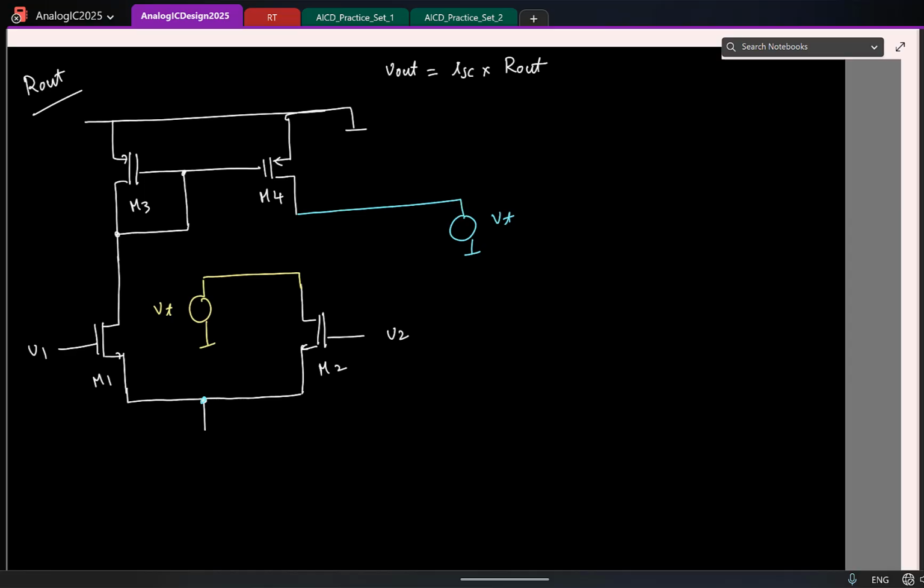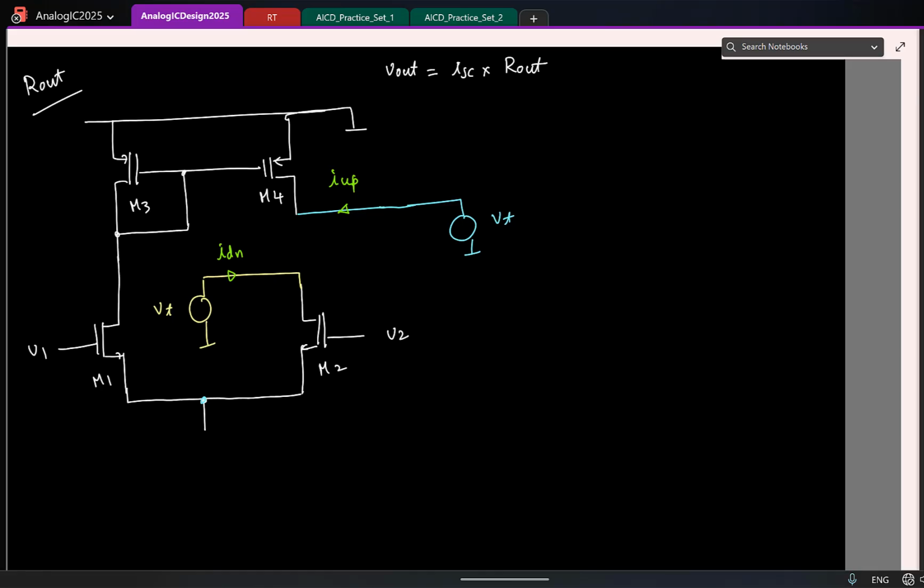Still the same. I'll try to find the current flowing in this branch, which I'll call the down current, and the current here, which I'll call the up current. That's what I have to do.